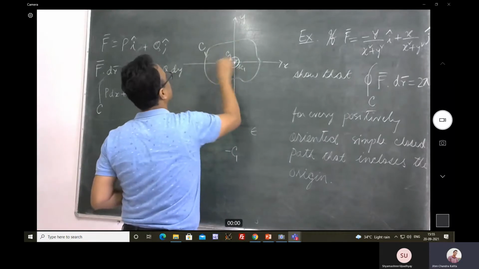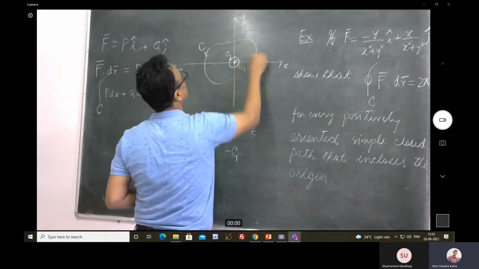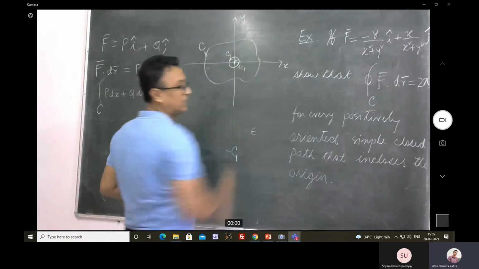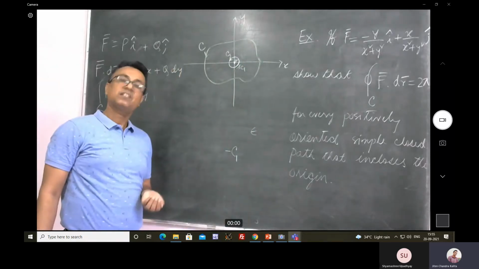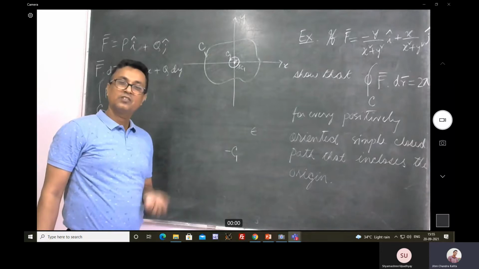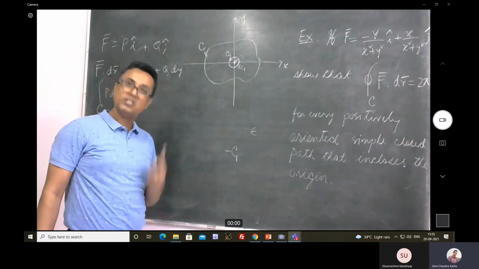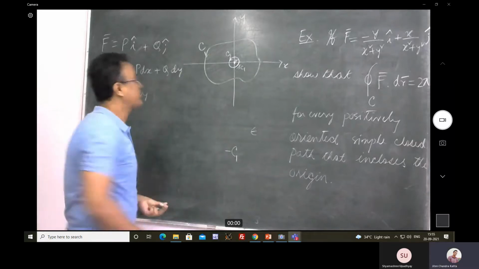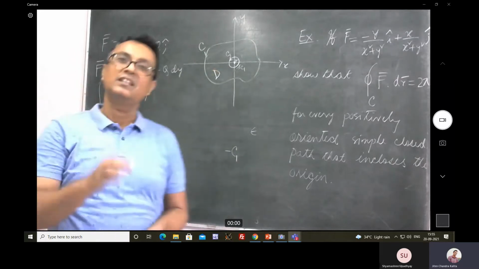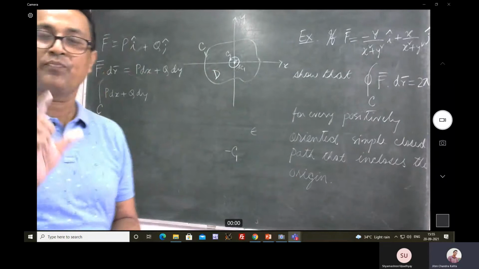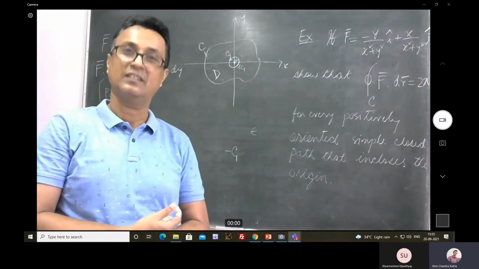So if I consider the region enclosed by the curve C and minus C1, both are going to be positively oriented with respect to the region D that they enclose. Is it okay?